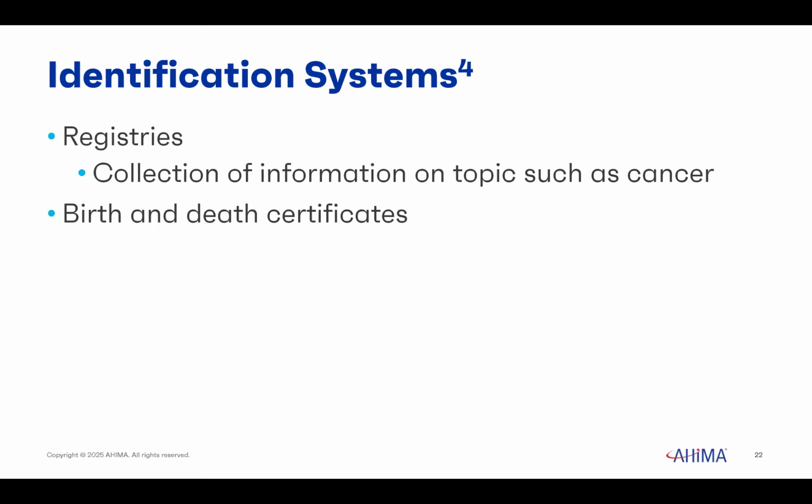Everybody in a cancer registry has some sort of reportable cancer. Everybody in a trauma registry has been taken to a trauma center, and so on. Vital statistics we think of as birth, death, and marriage certificates.